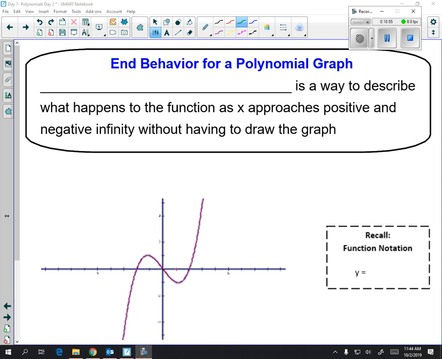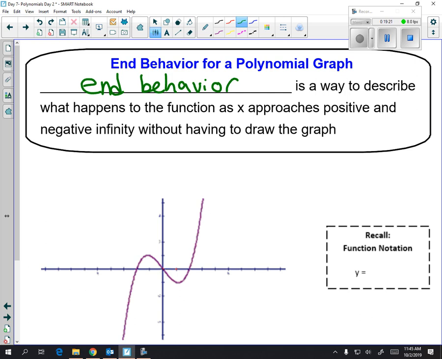So now let's talk about end behavior. End behavior is a way to describe what happens to the function as x approaches positive and negative infinity without having to actually draw the graph.